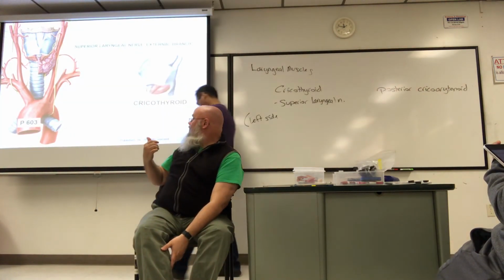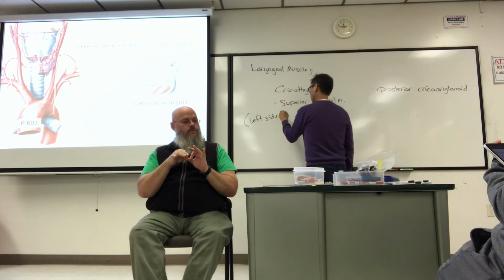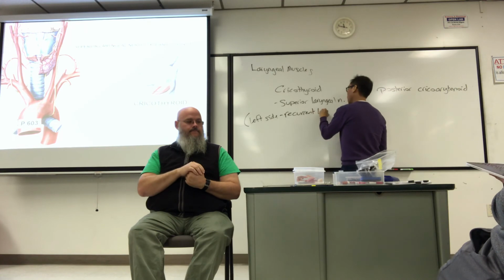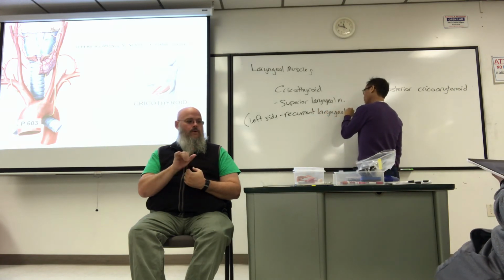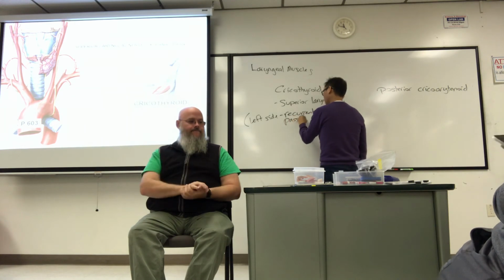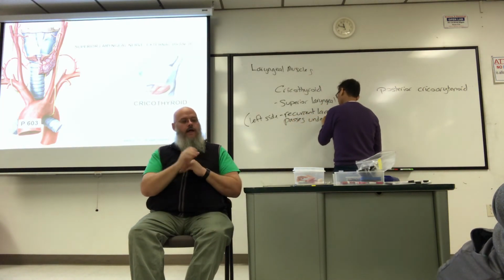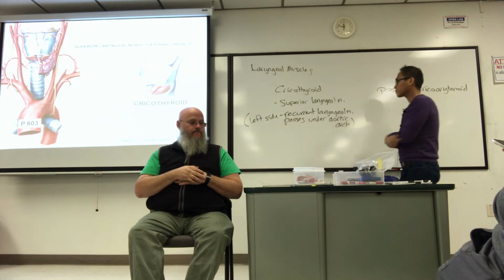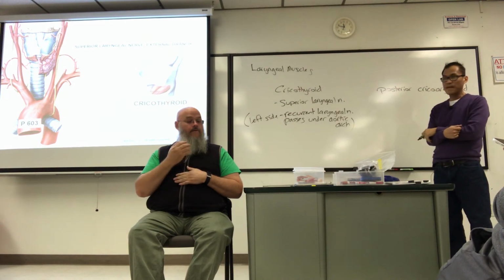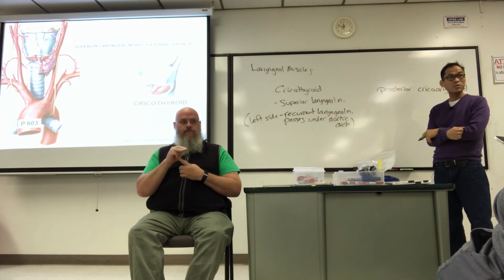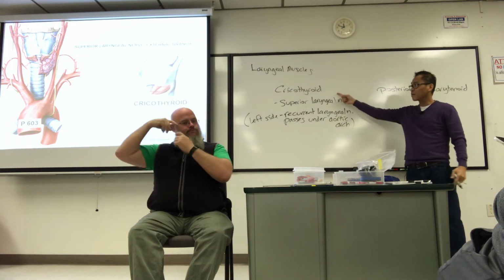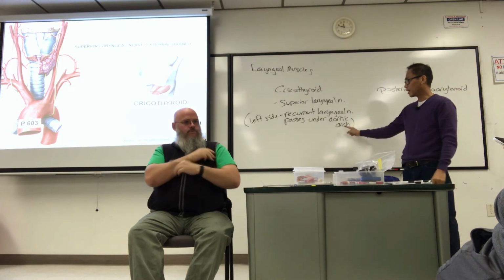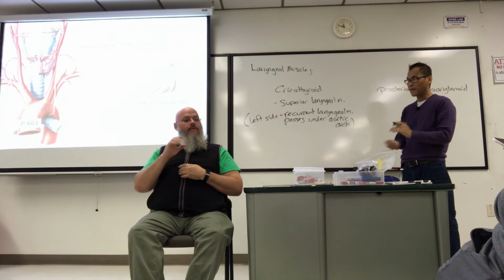The reason that's important: if you have an aneurysm in that location, the patient may present with a hoarse voice because it's affecting these muscles of the larynx. So a hoarse voice may indicate an aortic aneurysm. You want to get to that thing before it bursts.